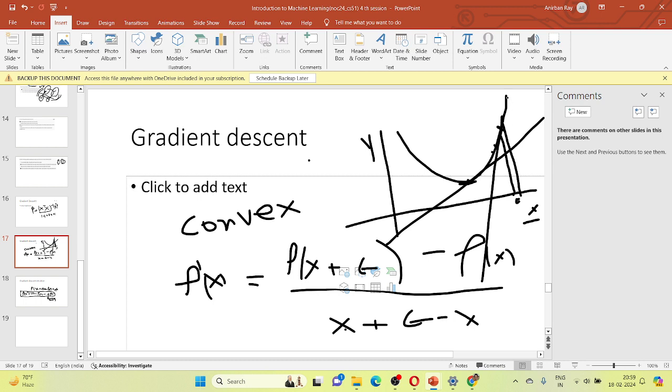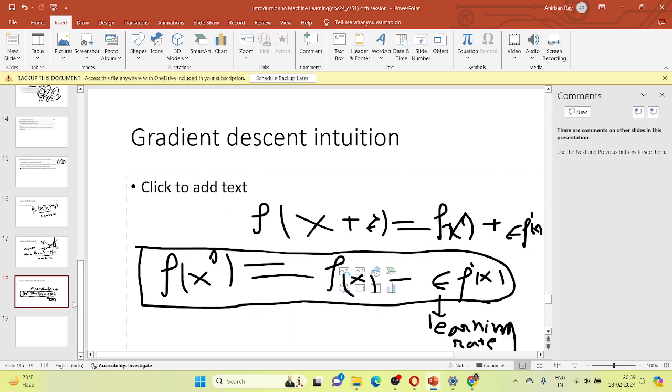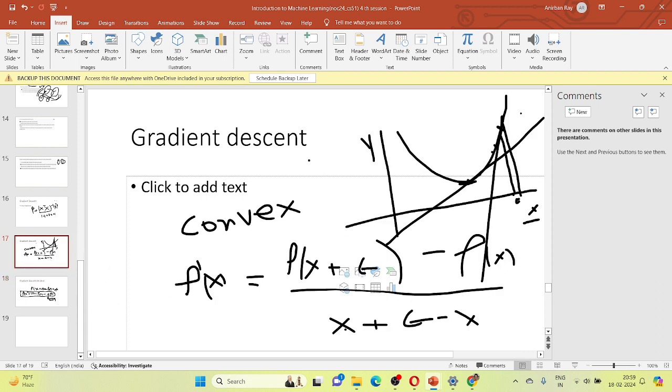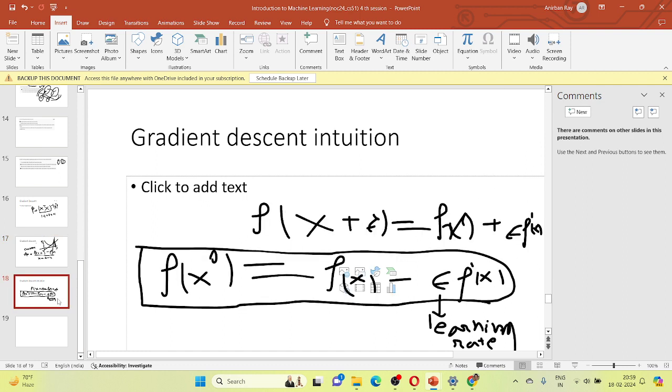Okay, this is a much higher value here, and this is a much lower value. Okay, the magnitude is... So as we are at the higher part of the curve, we are going to reduce by a much bigger value, e times f dash x, given e remains the same.